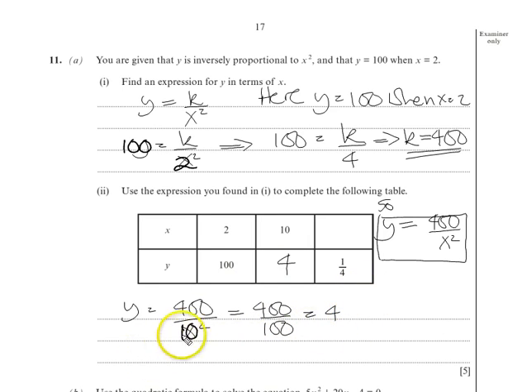So we can put that in there. Now the next thing we've got to do, so I'm going to write down my equation again because I'm going to put in a different value. 400 over x squared, agreed? That's what we got. That's what we're working with. And here, y is a quarter. So I'm going to overwrite a quarter here. Because fractions can be awkward to move around, are we okay if I write 0.25?